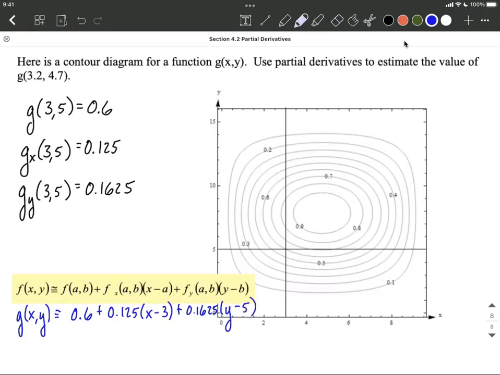This was our a, this was our b, as we look at this x and y value. All right, so that is a formula that'll help us as we try to get a nice estimate here.